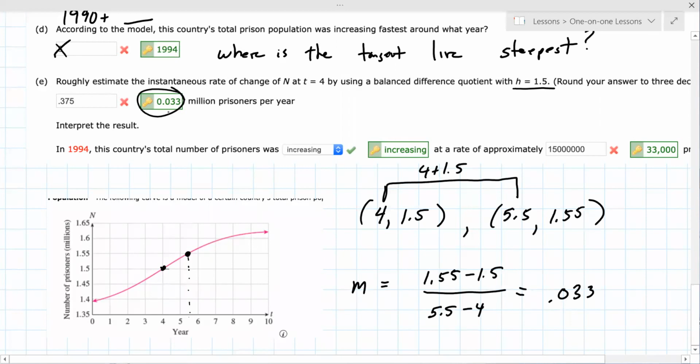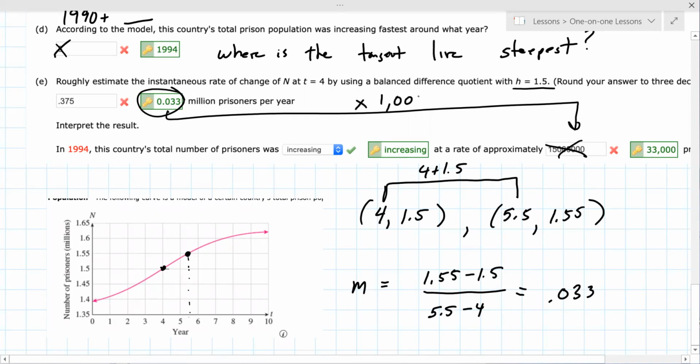This number is directly related to this number down here. Okay. So because it says 0.033 million, you take this number and you multiply it by 1,000,000. And that's how you get this number down here. That's how it becomes 33,000 when you multiply by 1,000,000.